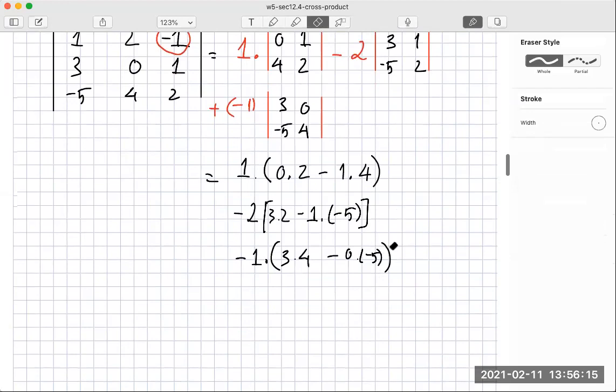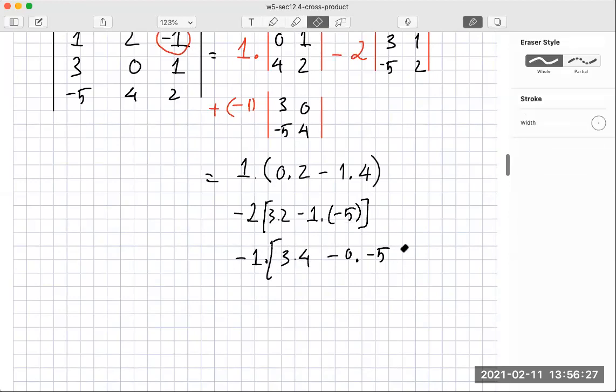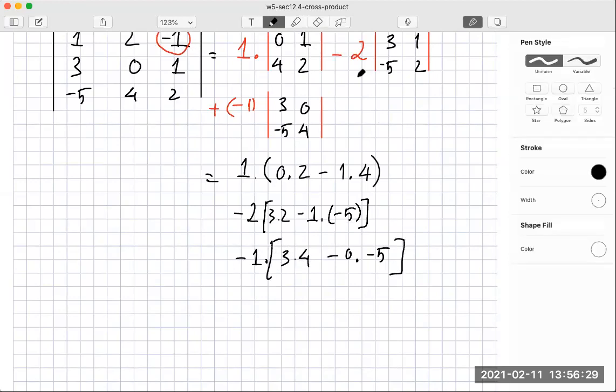Okay, now I want to remind you about this. Does it make sense if I write it this way? -2.